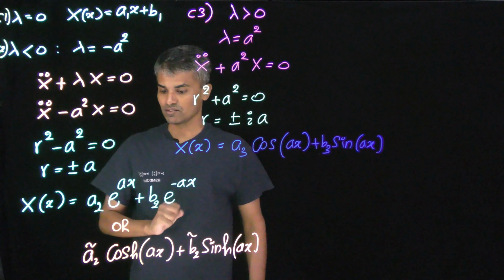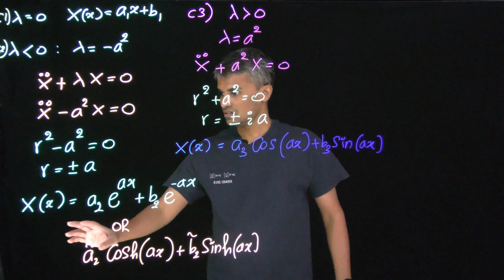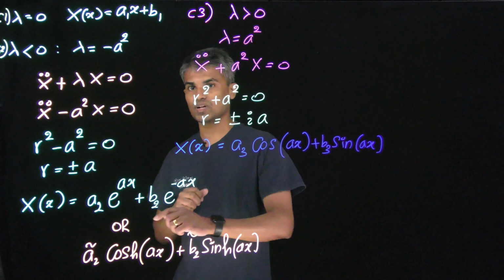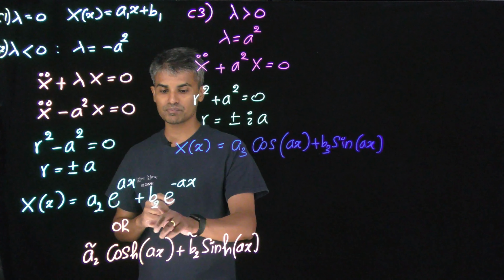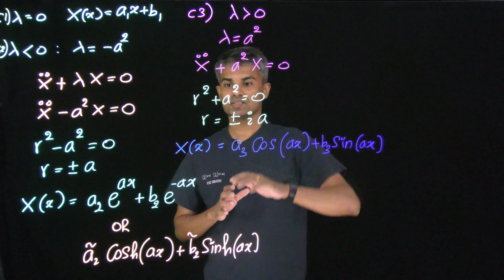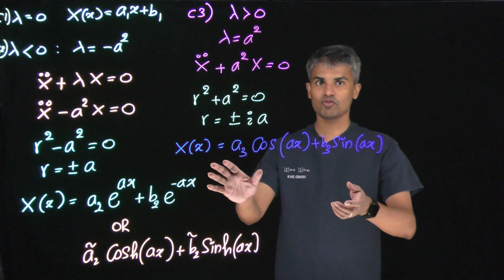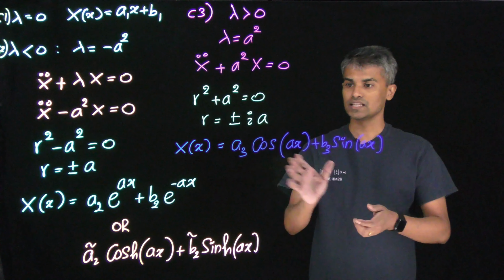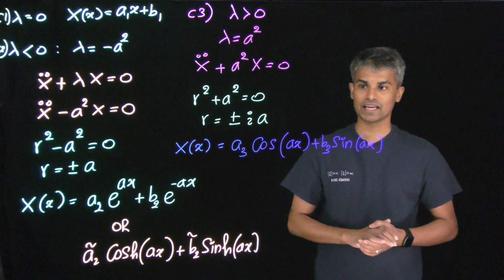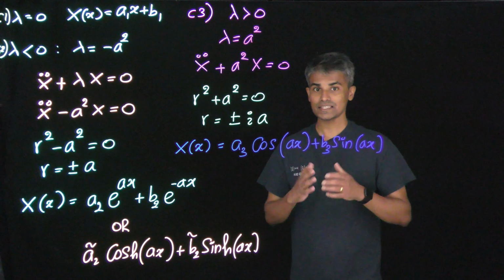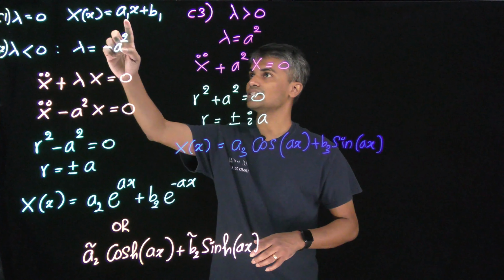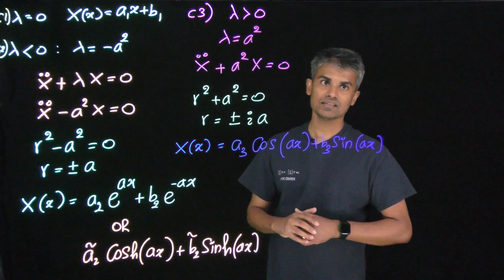For negative lambda values, X of x equals a2 e to the ax plus b2 e to the negative ax. Now, for positive lambda values, the solution for big X of x equals a3 cosine ax plus b3 sine ax.